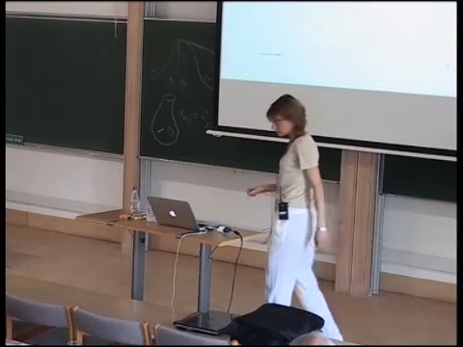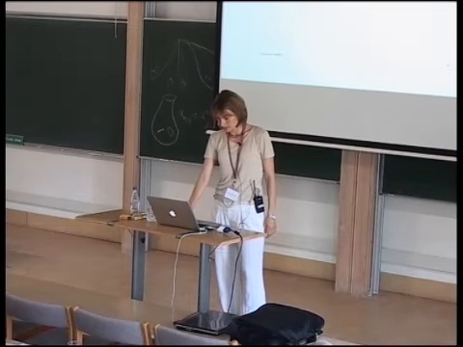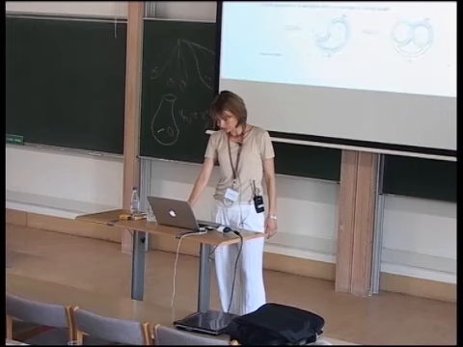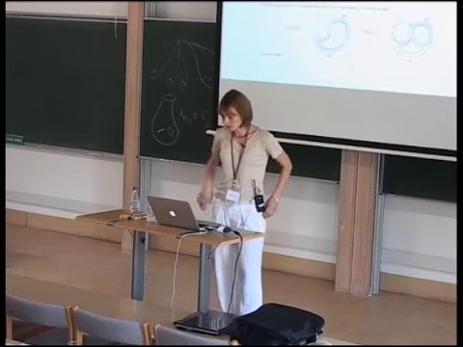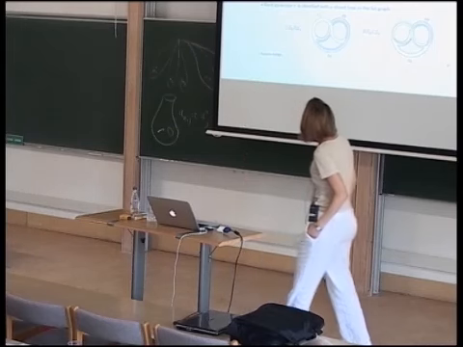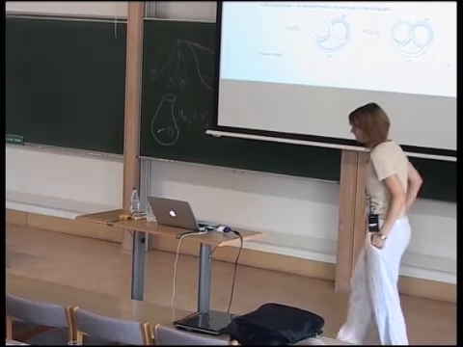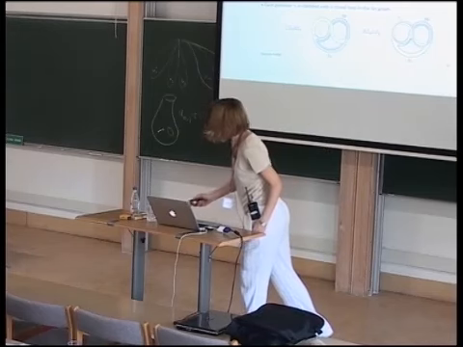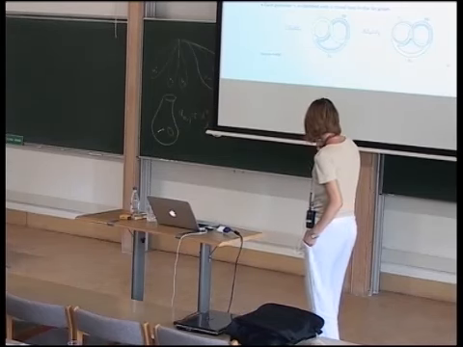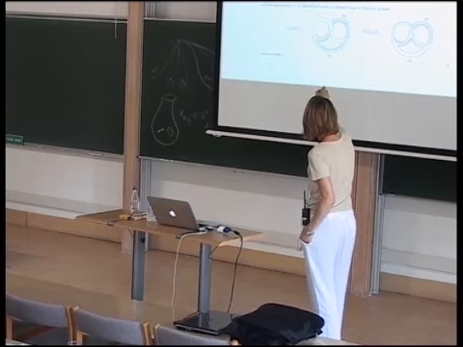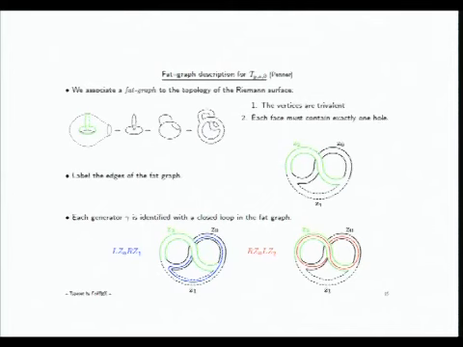To prove all this, I need machinery, and the machinery is the so-called fat graph technique. Again, I will take the easier example of the torus with one hole. What is a fat graph?